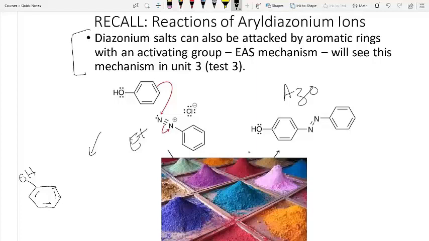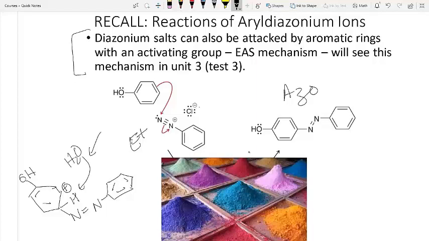But you add the diazonium salt, you have your hydrogen, you have your plus charge, and then you can use any trace of water or anything like that in your mechanism. Any sort of base.